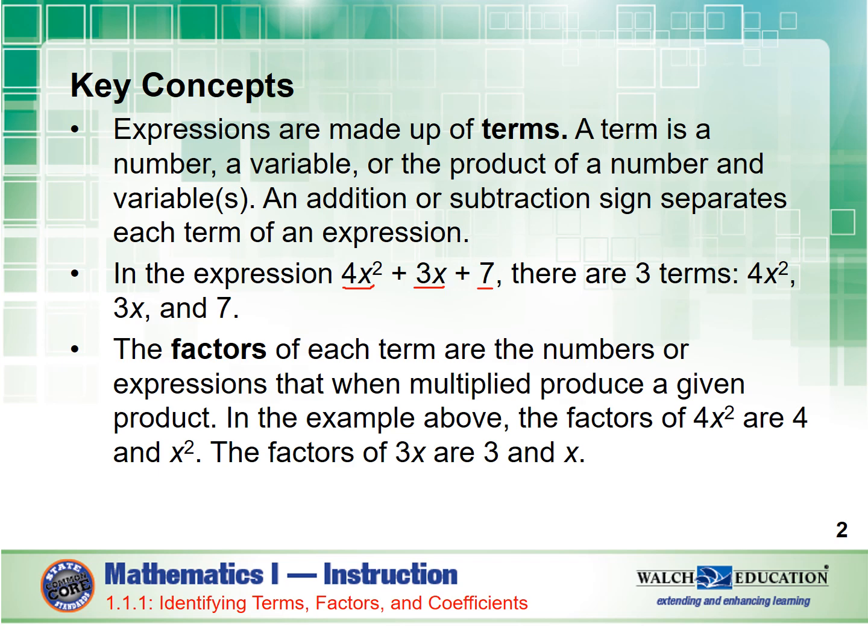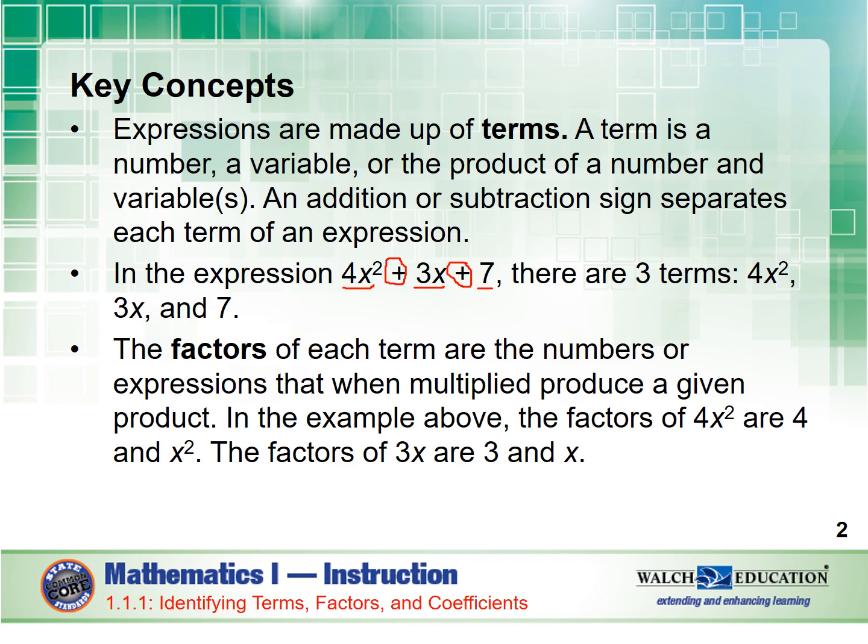You notice there are three different terms. The terms are 4x squared, 3x, and 7. And again, the terms are separated by addition or subtraction signs. In this case, they're both addition. So those are the things that chunk up your expressions.